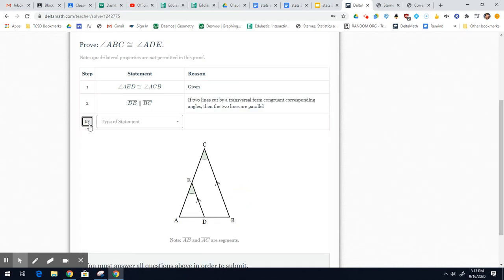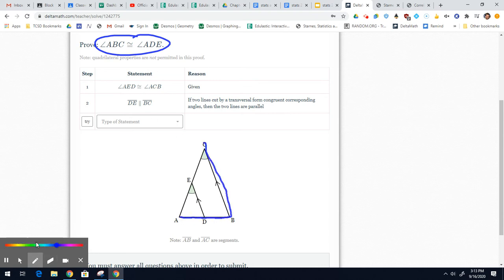Boom. Good. So now, if these two lines are parallel, this angle here, ABC, let me highlight it. So these two angles, ABC and ADE, they're going to be congruent.